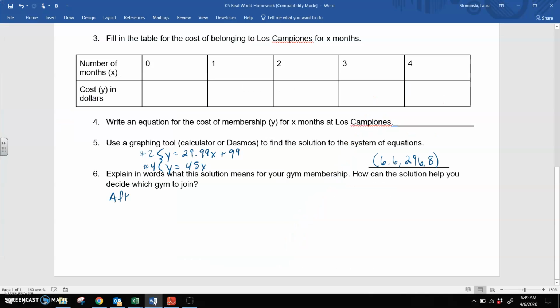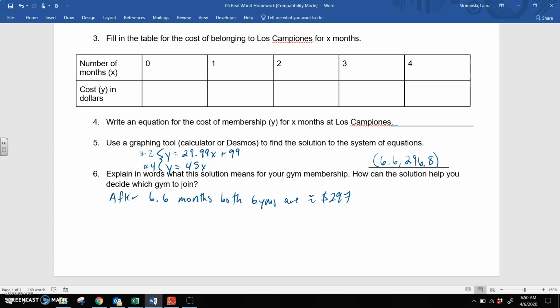So after 6.6 months, both gyms are about $297.